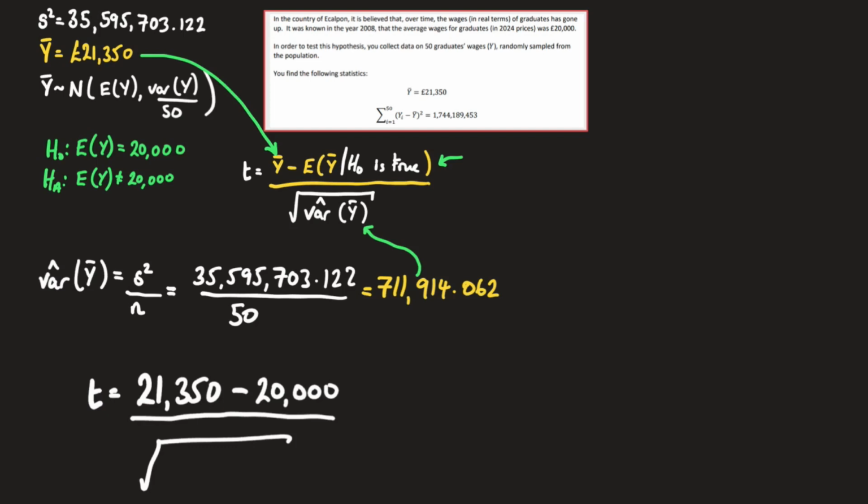We have our estimate of the variance of the sample mean, which is 711,914.062. So we're going to divide through by the square root of that estimated variance, which gives us a t-statistic equal to 1.60.